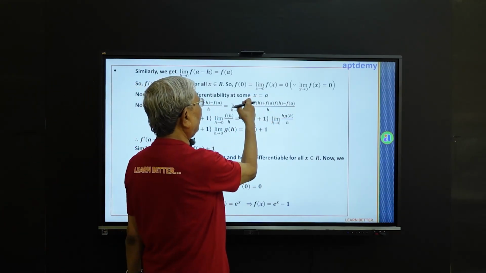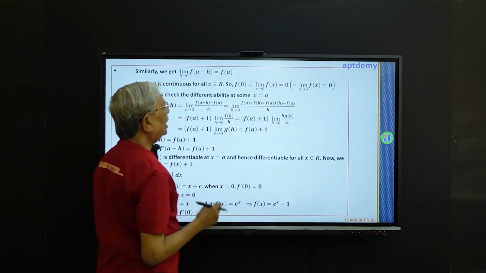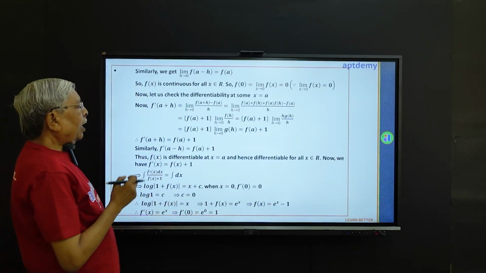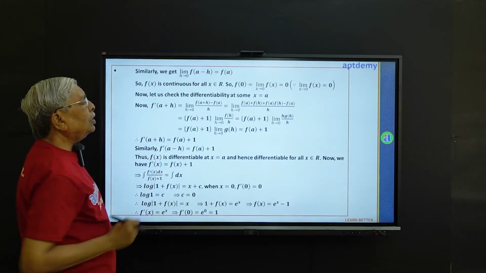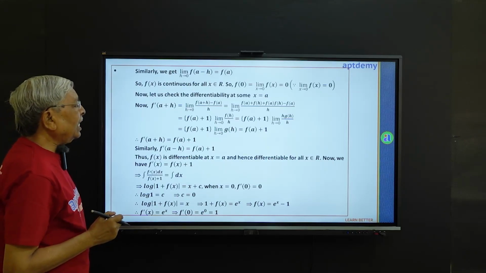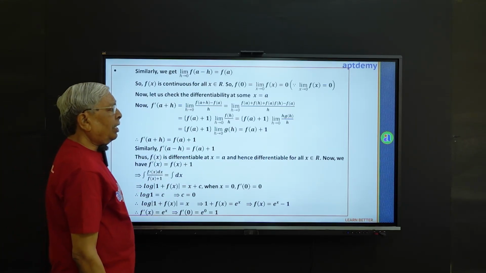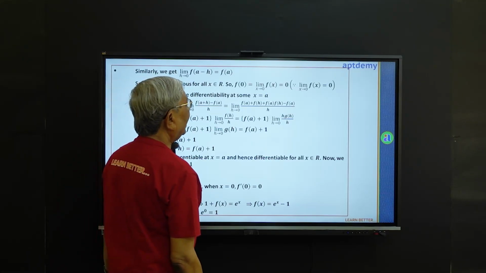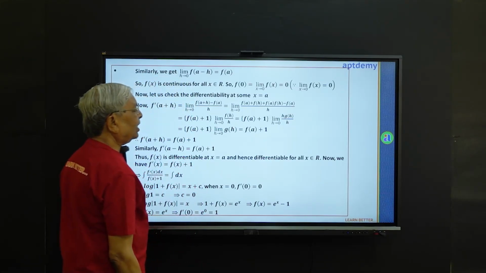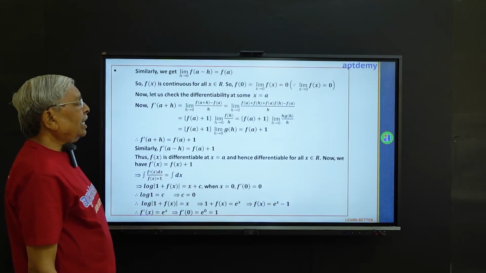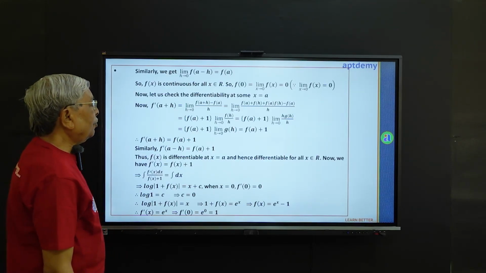So this cancels f(a) and f(a). So we can write this as (f(a)+1) into limit h tends to 0 of f(h)/h. So this is equal to (f(a)+1) into limit h tends to 0 of h g(h)/h, because we are given that f(h) is equal to h g(h).